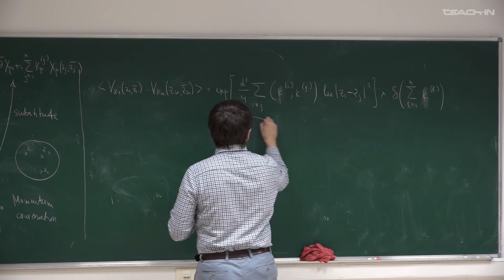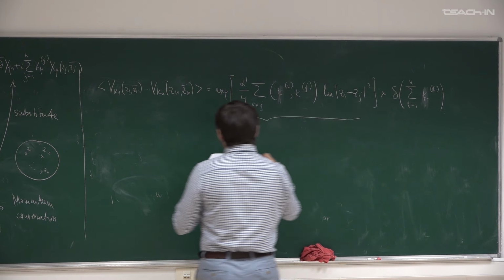In other words, this is the product over i smaller than j.